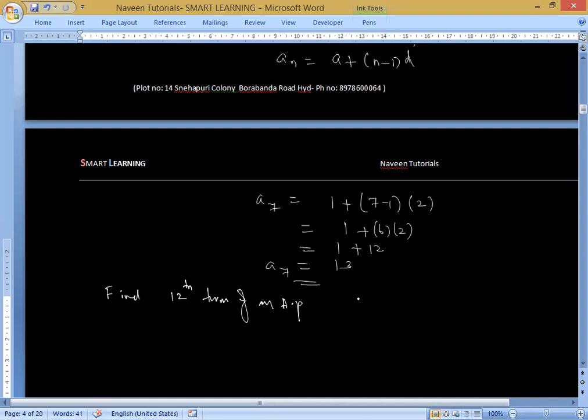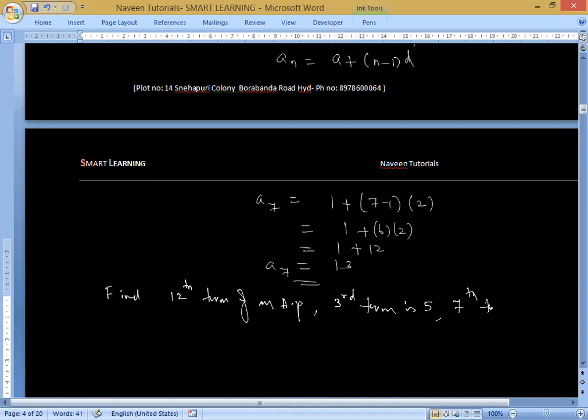For example, find the 12th term of an AP. The third term is 5, and the seventh term is 9.